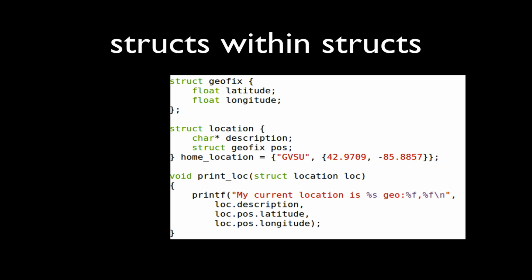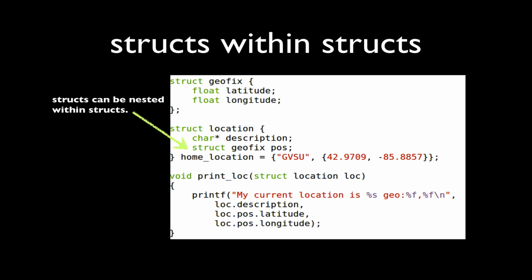I can also nest structures within structures. So in this code example, I've got a structure called geofix, which contains a lat long. So I'm handling lat long as a single logical unit or logical entity. And then I define a second structure, struct location, and I have there a character pointer to the description.